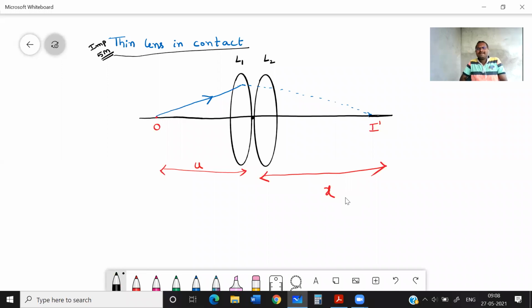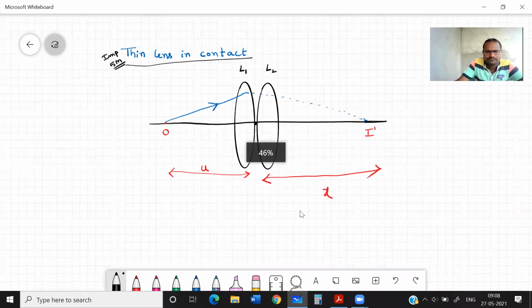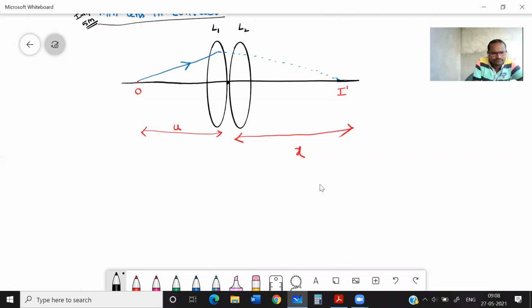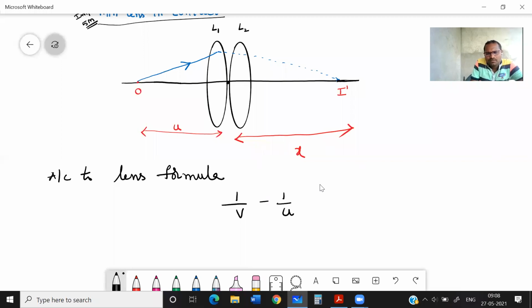Now according to the lens formula, we know 1 by v minus 1 by u is equal to 1 by f. Let us suppose this lens has focal length f1 and this lens has focal length f2.